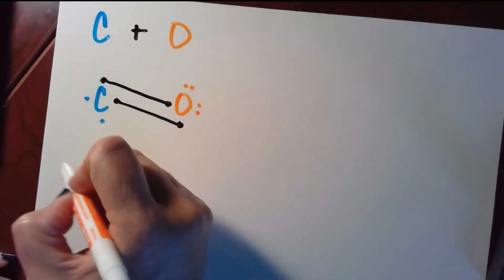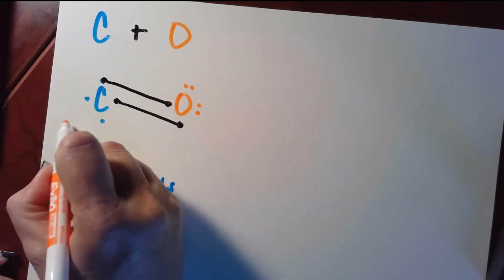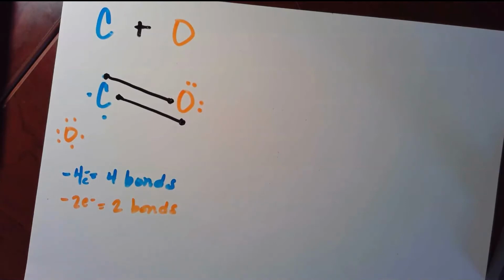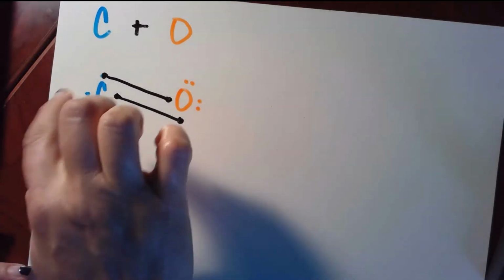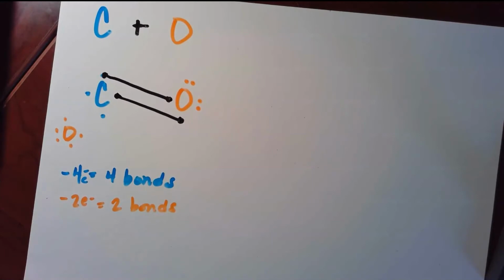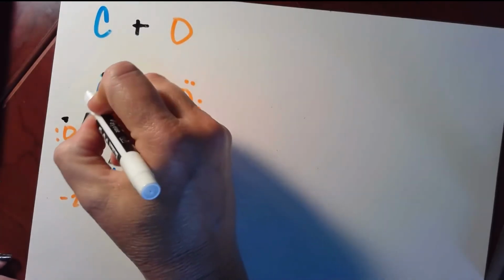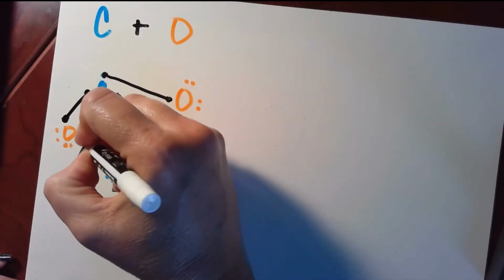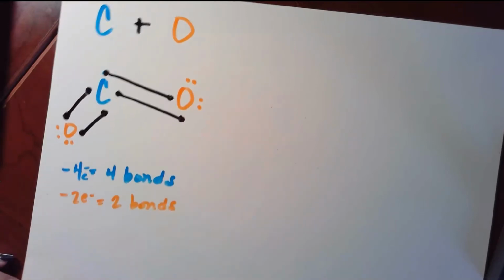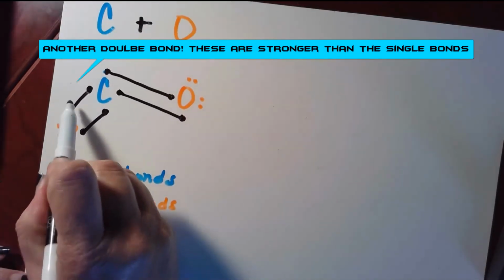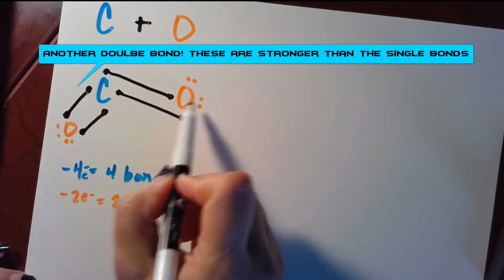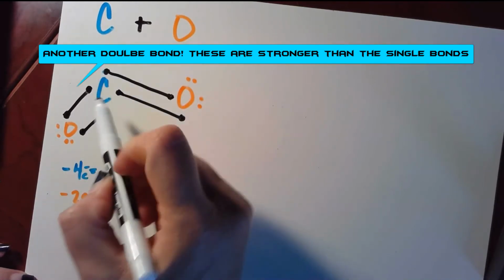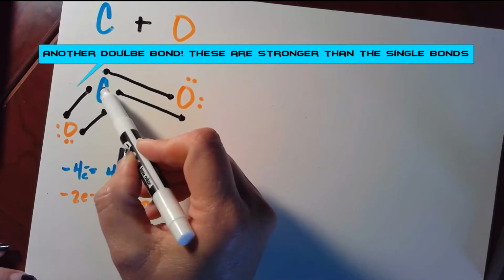So that's exactly what we're going to do. We're going to add another oxygen. So I'm going to put one right here, 1, 2, 3, 4, 5, 6. It's going to be a little ugly. That's okay. You can even, like I said, move your dots wherever you want if you want to make it look prettier. I took one on the top off. I'll put one on the bottom. And now we have our dots for bonding. So 1 there, 1 there, 1 there, 1 there. And now we have 2, 4, 6, 8 for this oxygen, 2, 4, 6, 8 for that oxygen, and 2, 4, 6, 8 for carbon.